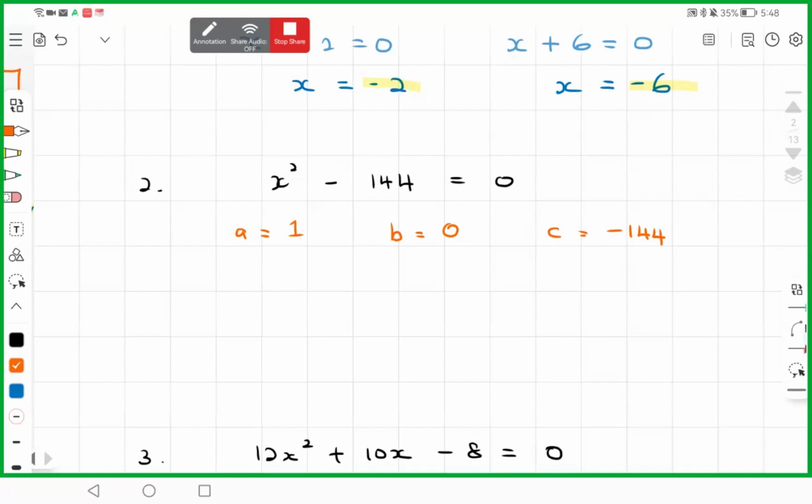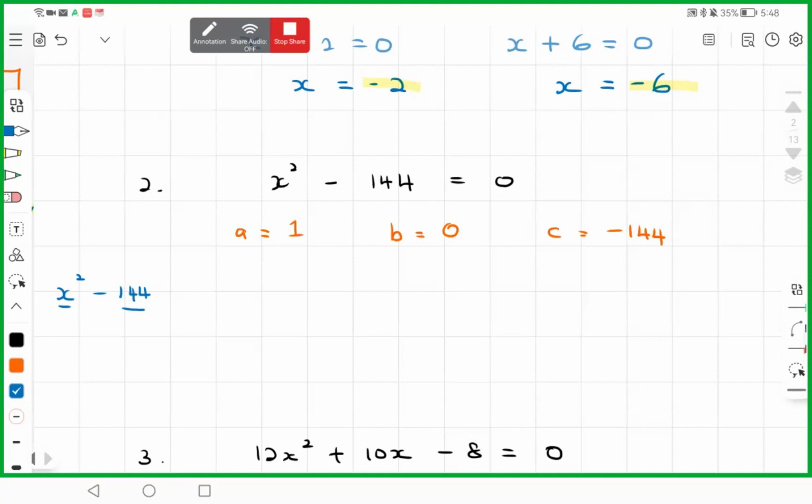How many answers? 2, right? X1 is 12. Another one is -12. Yes, you got it. Congratulations. If it's the factorization method, actually this is a perfect square.